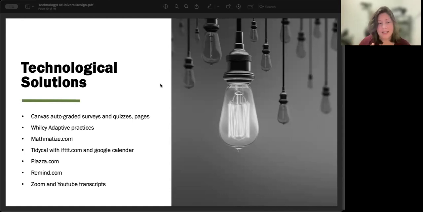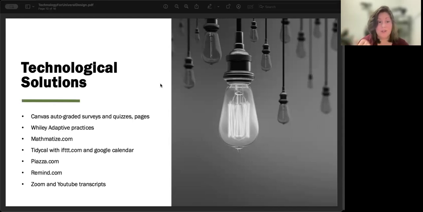Then we used Mathematize for a more advanced set of problems. We made them optional. They weren't for marks, but we said, if you're studying for the test, that's more what you want to do. Because if you can get those questions, the test questions are slightly easier, but in that ballpark, you might benefit from doing that.